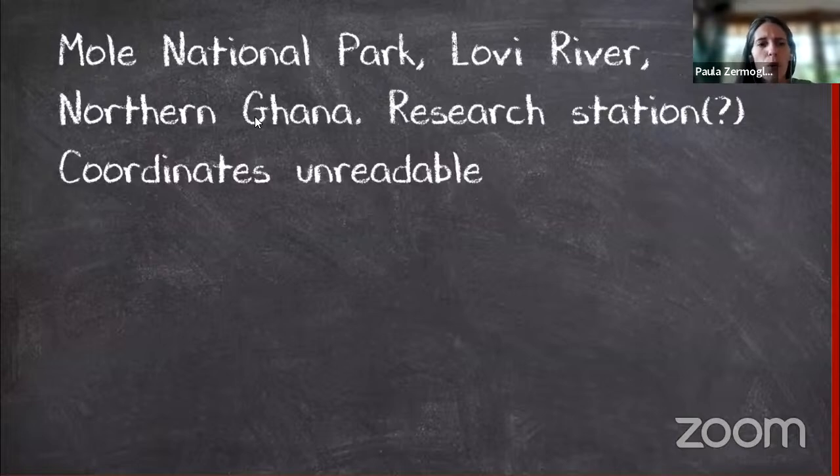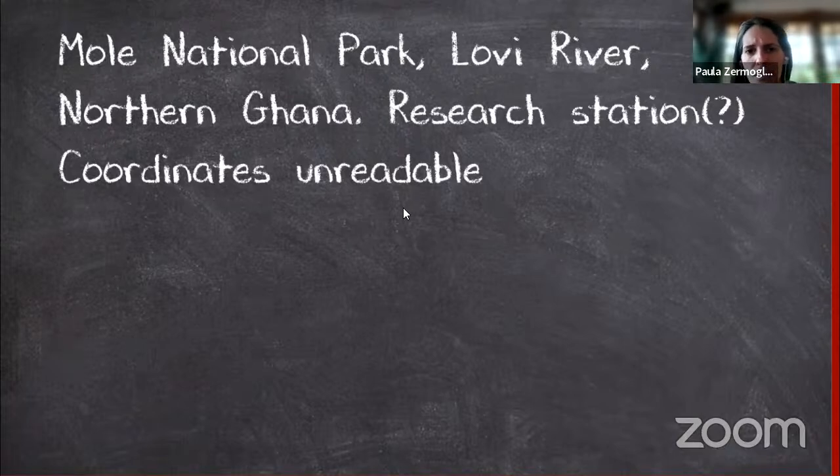Okay, so what we would fill in is the following. We would put Ghana in the country field, GH in country code, which is the Ghana country code. We would put Northern Ghana in state province. We would put Lobe River in water body. We will put all that is on the screen, all the description, verbatim in locality.